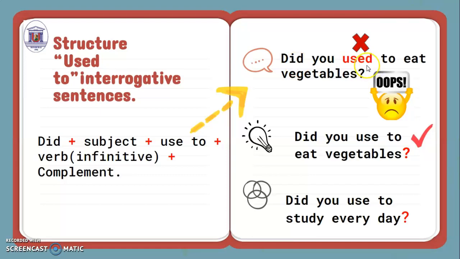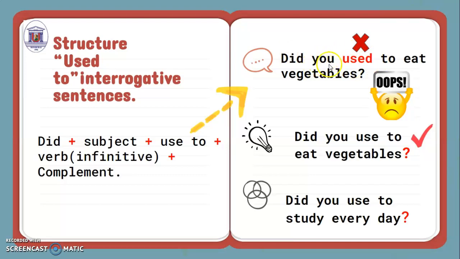That's why the verb must be in simple present. So please, if you are going to create sentences, don't add the letter D at the end of use. According to the rule, you don't need it because here we have did and this one is focused in the past.